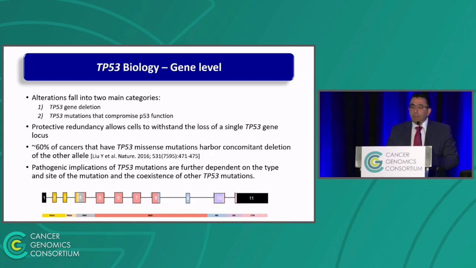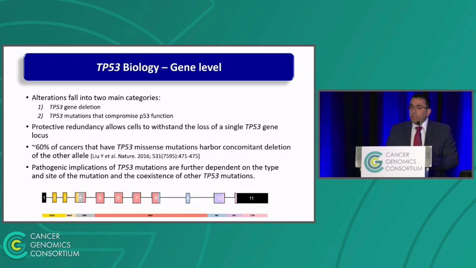A few words about P53 at the gene level, and then in the next slide at the protein level. Just to level set, alterations of P53 fall into two main categories. One category is the loss of one of the P53 alleles through copy number deletion. And the other category is P53 variants that result in a mutant protein which has a compromised function across all aspects of P53 biology.